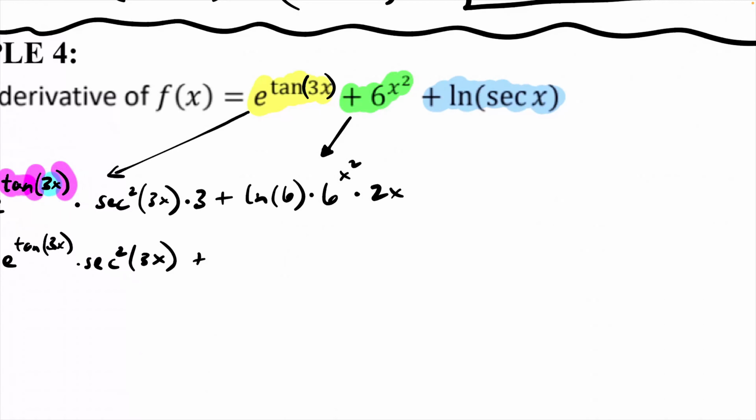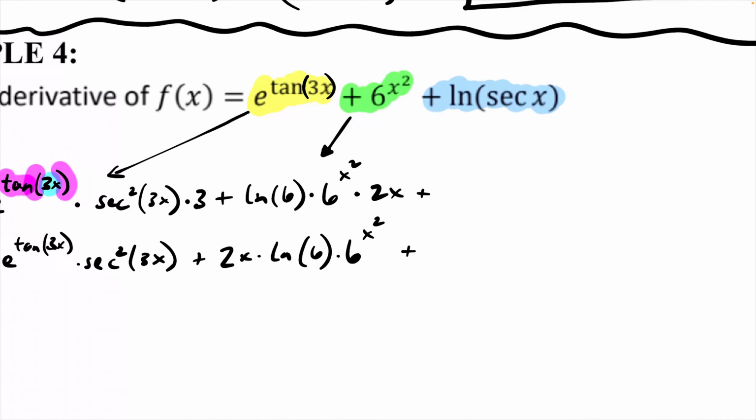I can't multiply any of the 6's times 2 because one 6 has a power and another 6 is inside a natural log. So the best way to write it is 2x times the natural log of 6 times 6 to the x squared.